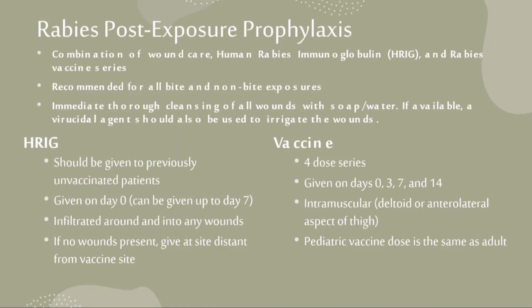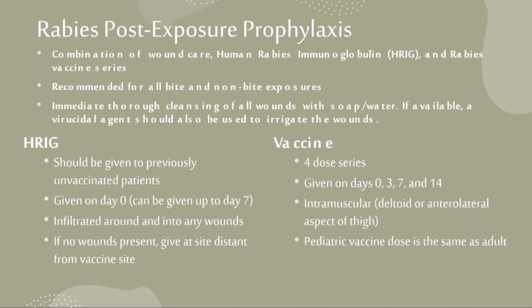These are recommended for all bite and non-bite exposures, so rabies can be transmitted in saliva as well. If you have a sore on your hand, somehow you get bat saliva on you, then that would be a non-bite exposure. So, make sure you're cleaning all wounds with soap and water, and then your virucidal agent.